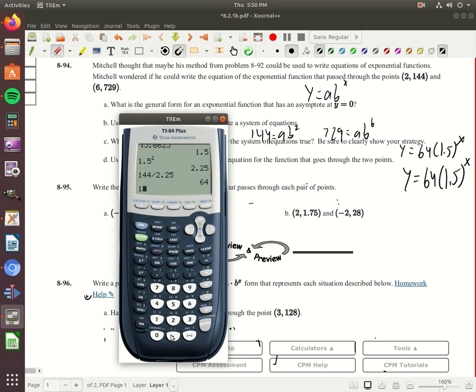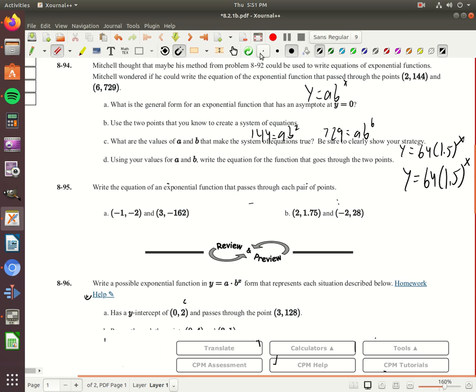So 1.5 to the 2nd power times 64 should equal 144, and it does. And then if I go 1.5 to the 6th power, and then multiply that by 64, it should equal 729, and it does.